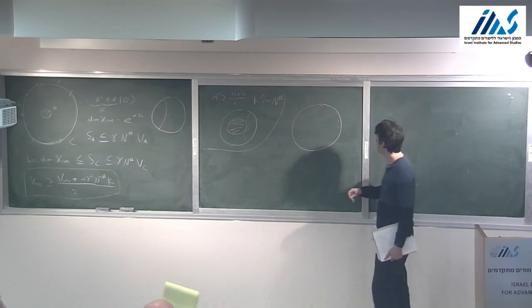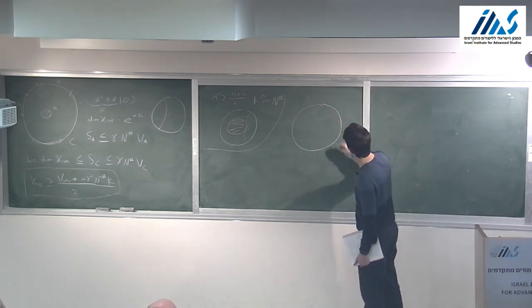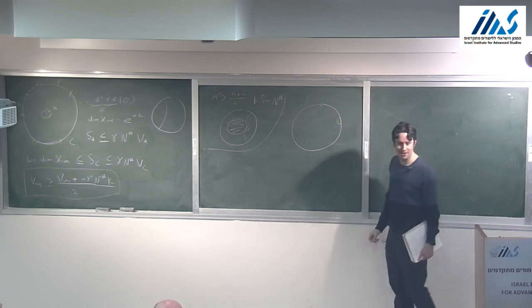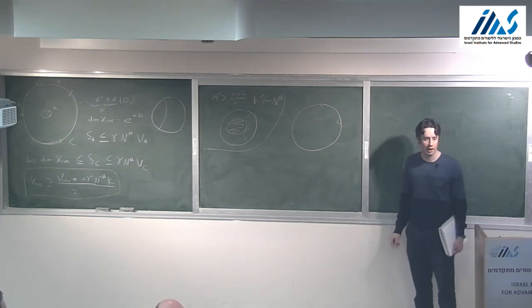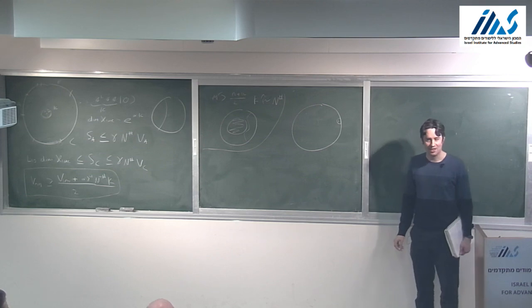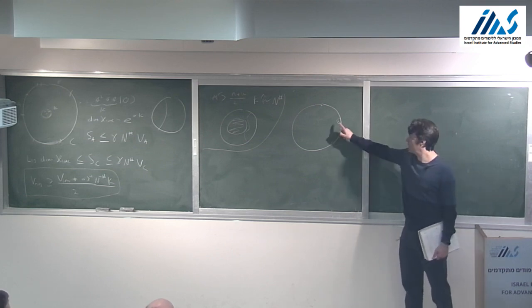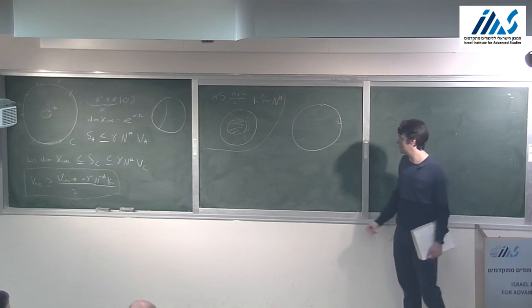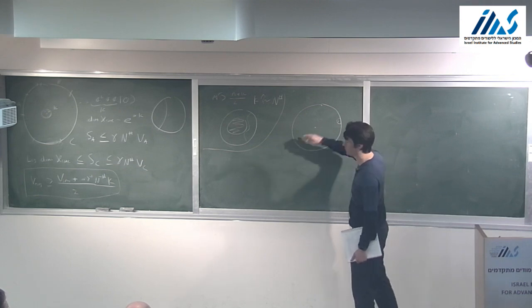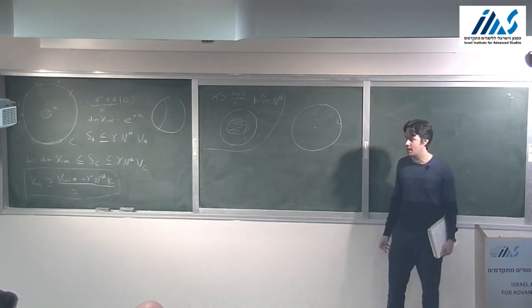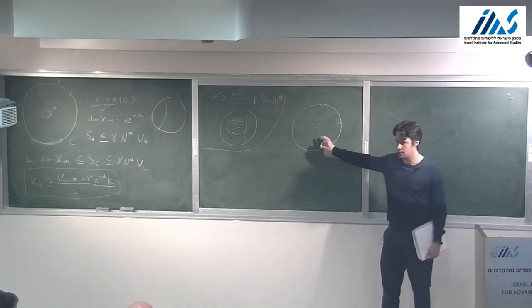For example, here I can have a very small erasure, where now I can't access this point anymore. So this point is not very well protected. Whereas this point is very well protected. You need to mess up more than half of the system to lose access to this point.